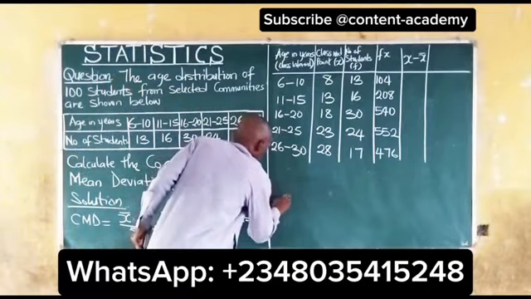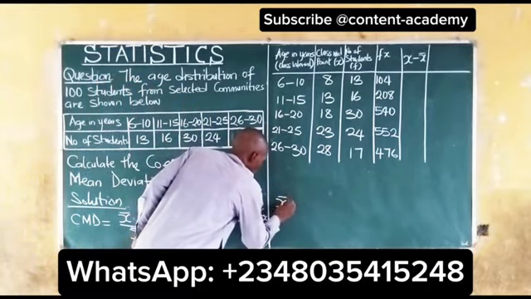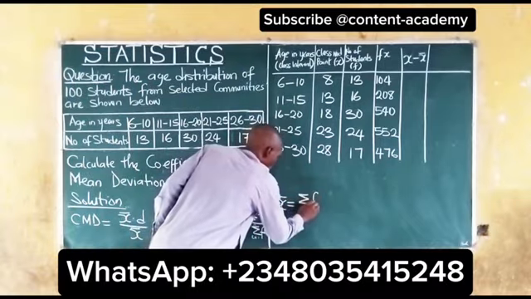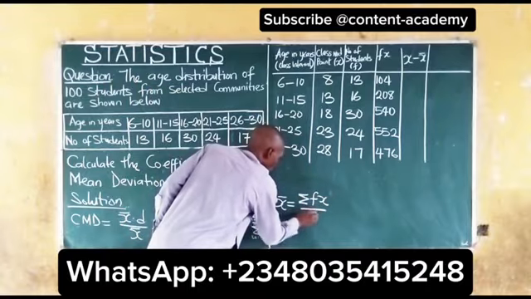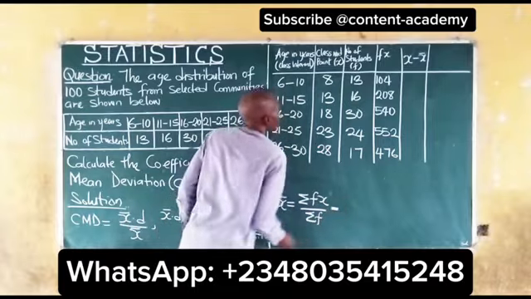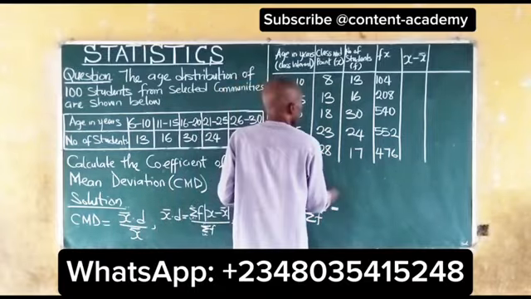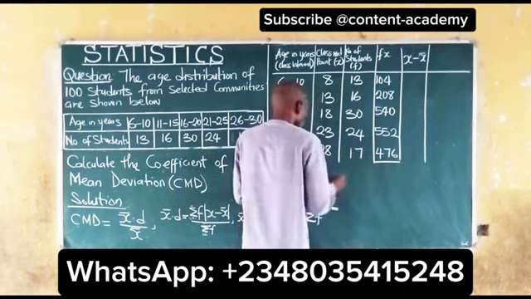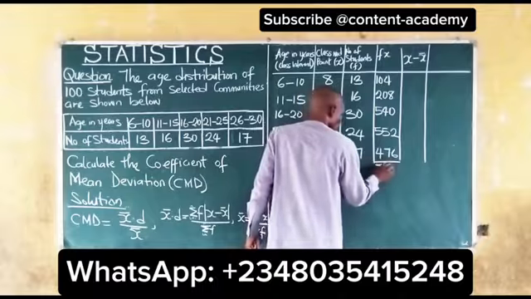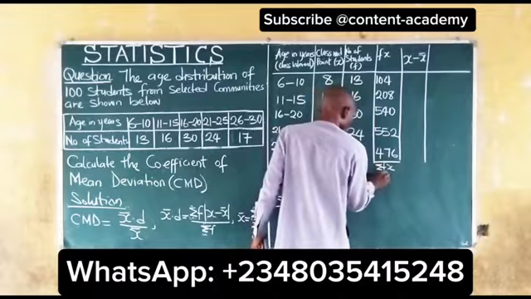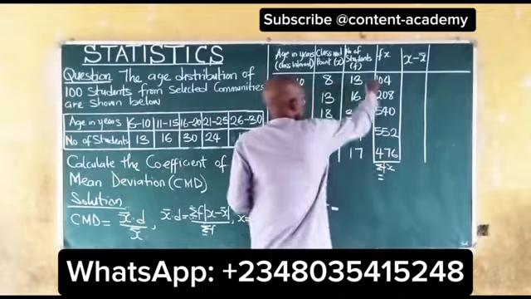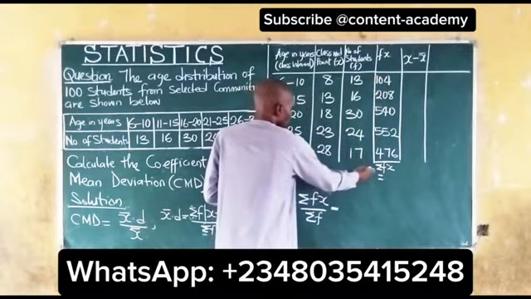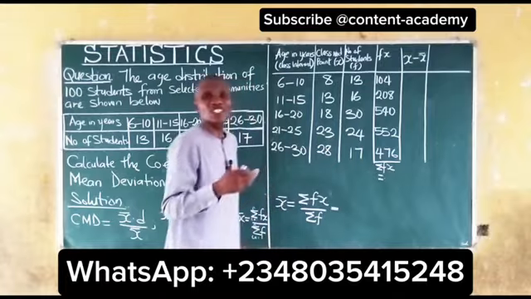So our mean, which is x bar, is equal to summation of f of x all over summation of f. Now, what is summation of f of x? The total summation of f of x is equal to, now we add everything that is here. That is the meaning of this sign. Summation means addition.